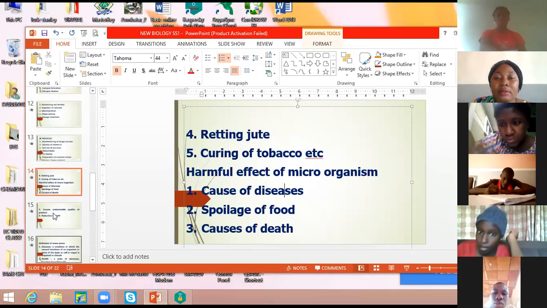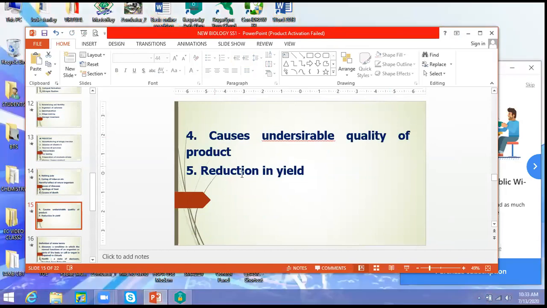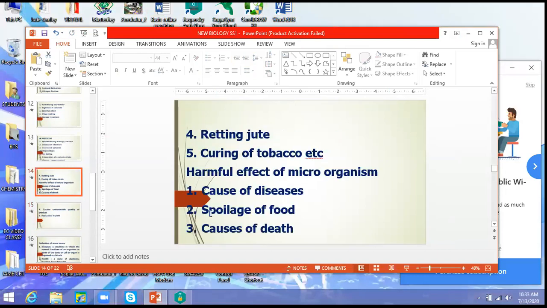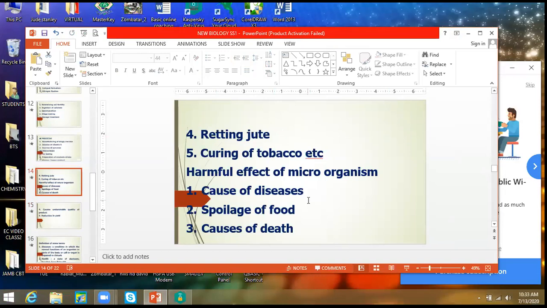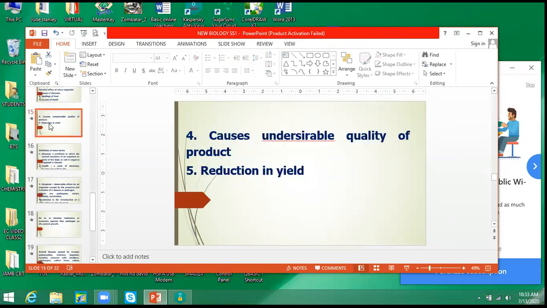And then they cause undesirable quality of product, and reduction in yield for farmers. So this is the harmful effect of microorganisms: causes of disease, spoilage of food, and death. The last part is undesirable quality of product and reduction in yield.